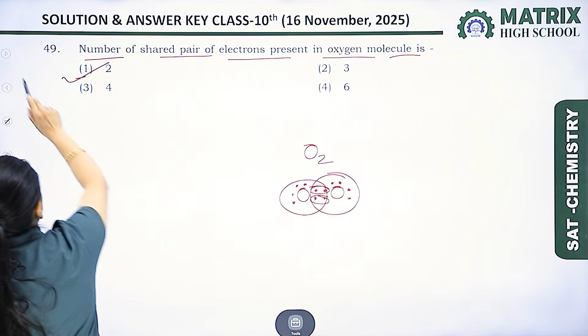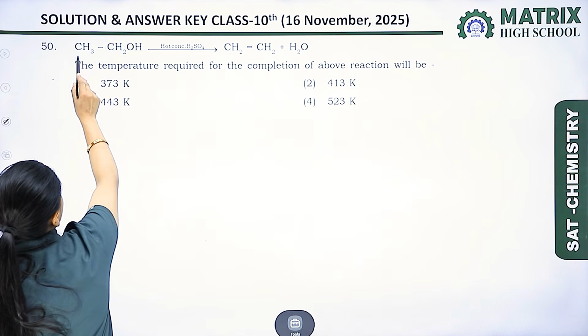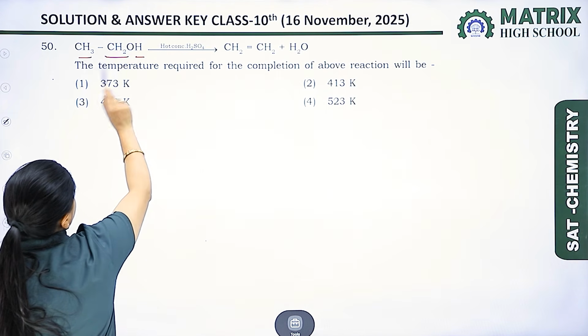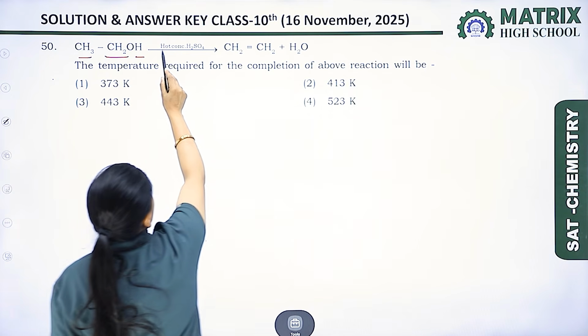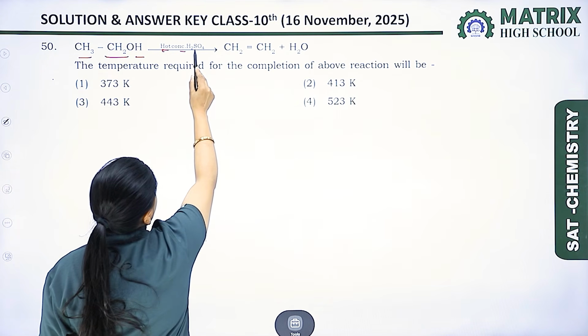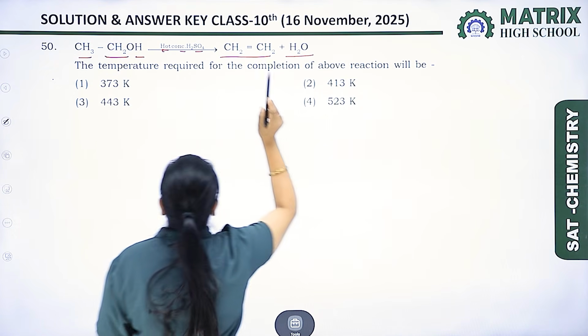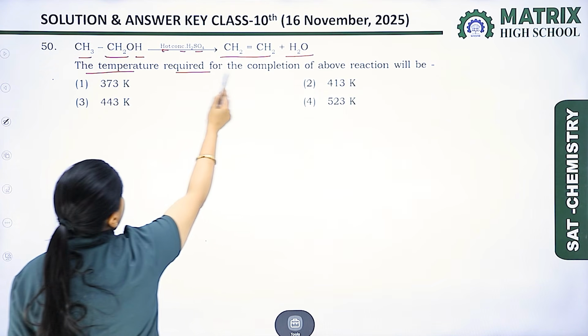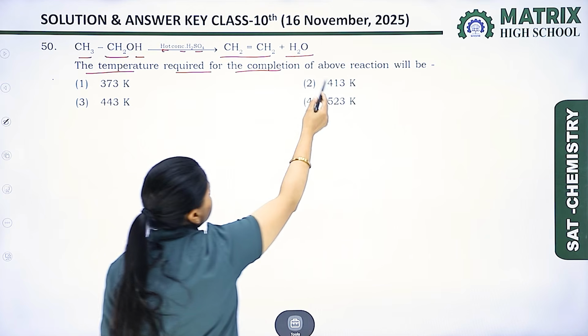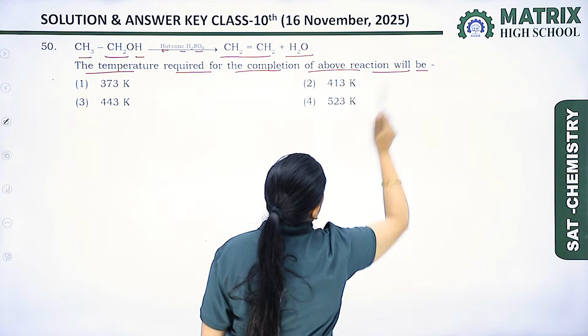Now the next question is, in this reaction CH3CH2OH, this is ethanol, in the presence of hot concentrated H2SO4 gives ethene and water. The temperature required for the completion of the above reaction will be.